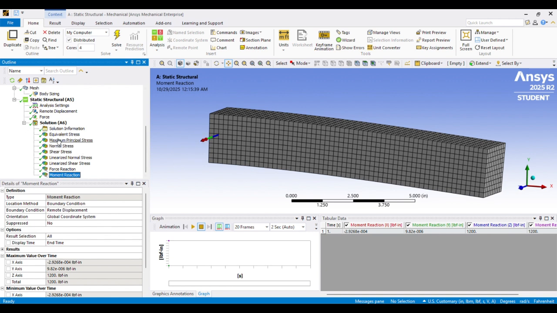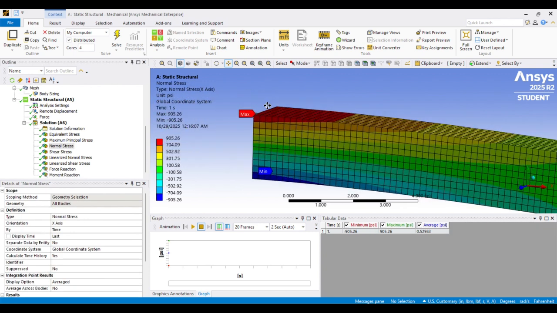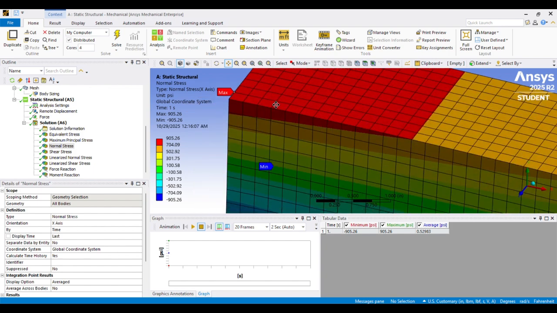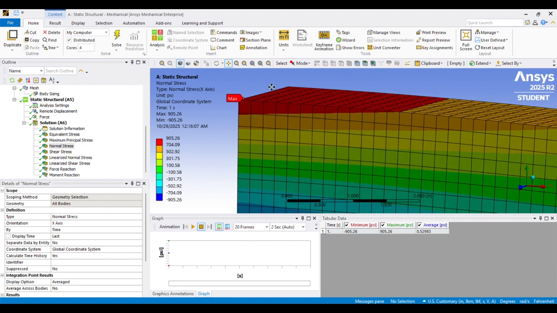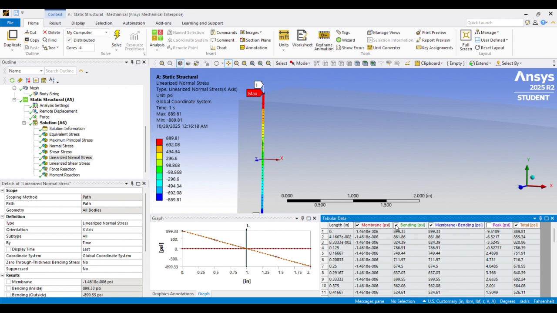So now we'll look at the normal stress, and we see here that it lines up with our hand calcs, right? I mean, that's what we would expect. And if we look at the linearized normal stress, you can actually see here, we'll plot the bending and the membrane, and we'll take the total and membrane off.